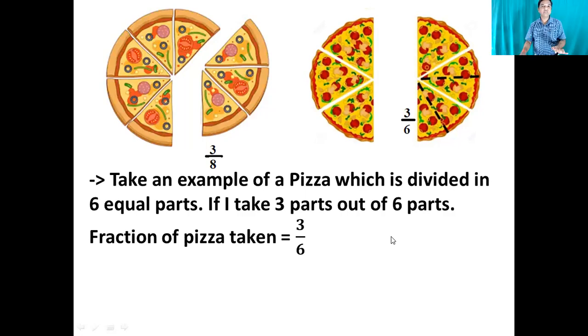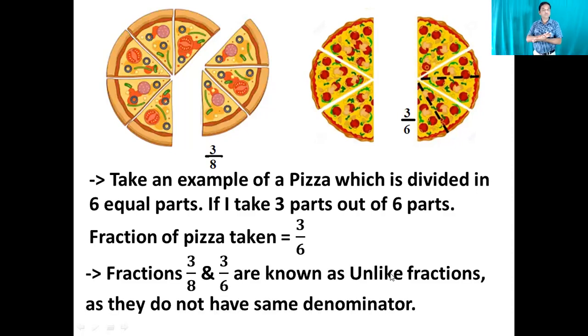As seen from the picture, it is very clear that from the first pizza we have taken a smaller part, and from the second we have taken the larger part. In both cases, the pizzas are not divided into an equal number of parts, so the fractions obtained, like 3 by 8 and 3 by 6, are known as unlike fractions.